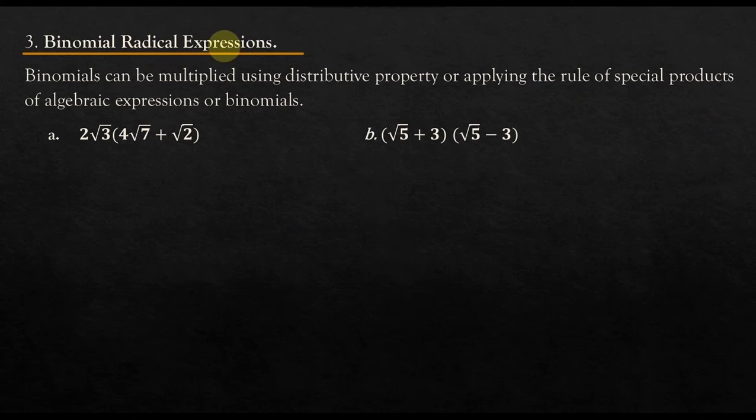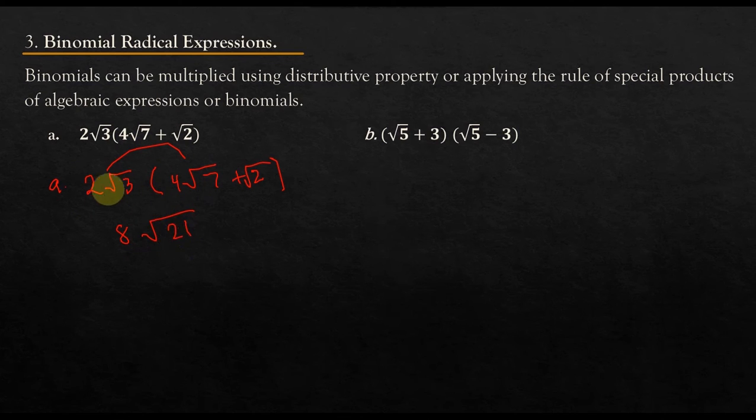Binomial radical expressions. Binomials can be multiplied using the distributive property or applying the rule of special products of algebraic expressions or binomials. Let's start with letter A. We have here 2 square root of 3 times the quantity 4 square root of 7 plus square root of 2. So just distribute the terms here. 2 times this one will give us 8 square root of 21.